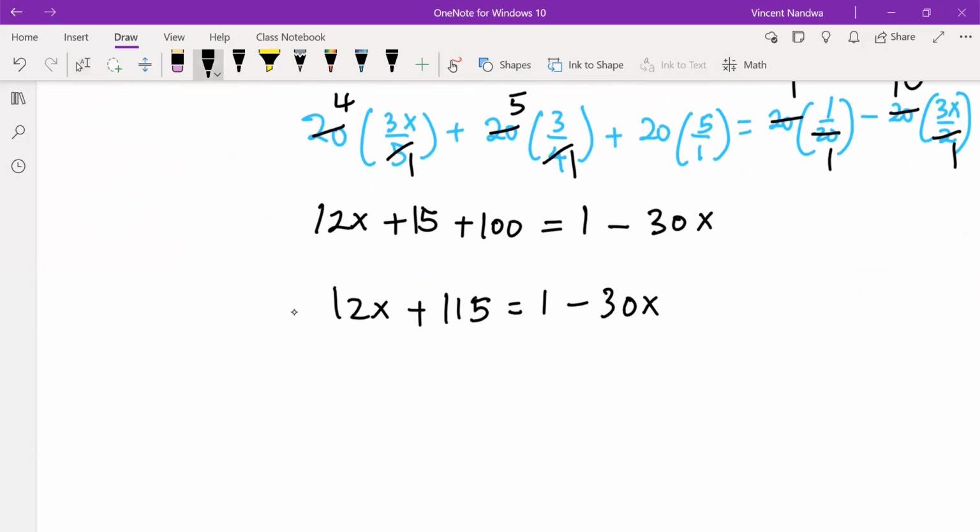Then collect like terms. 12x plus 30x equals 1 minus 115.